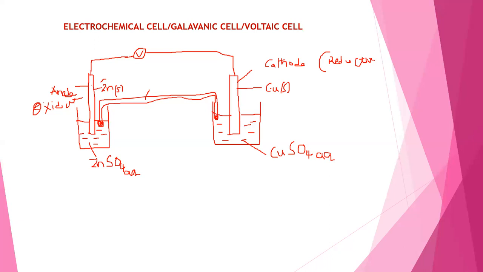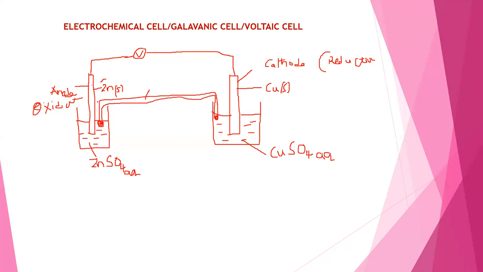So you realize that zinc is a reducing agent, while copper is an oxidizing agent. The oxidizing agent is always reduced, while the reducing agent is always oxidized.